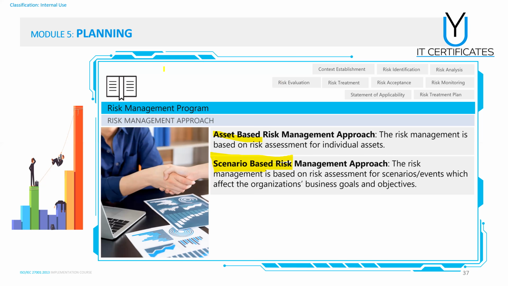Usually in practical life, you have to mix and match between both approaches. Each one of them has its pros and cons. Asset-based is very easy for highlighting the assets, vulnerabilities, and threats.